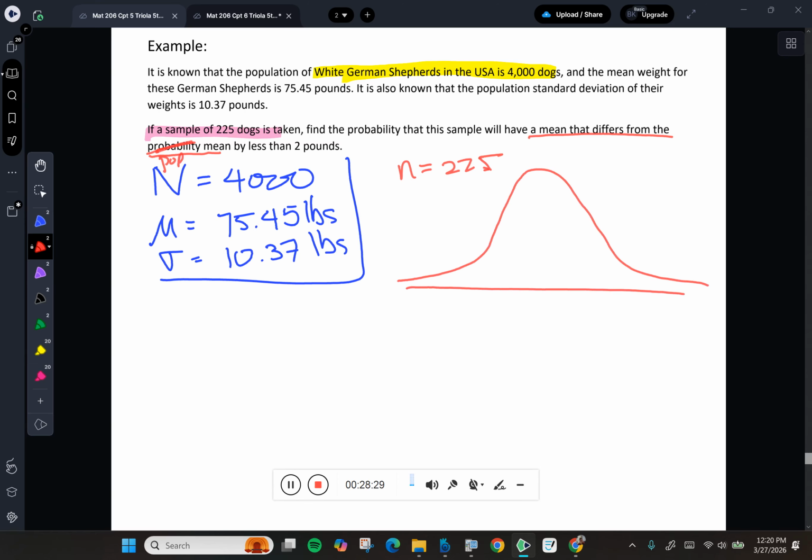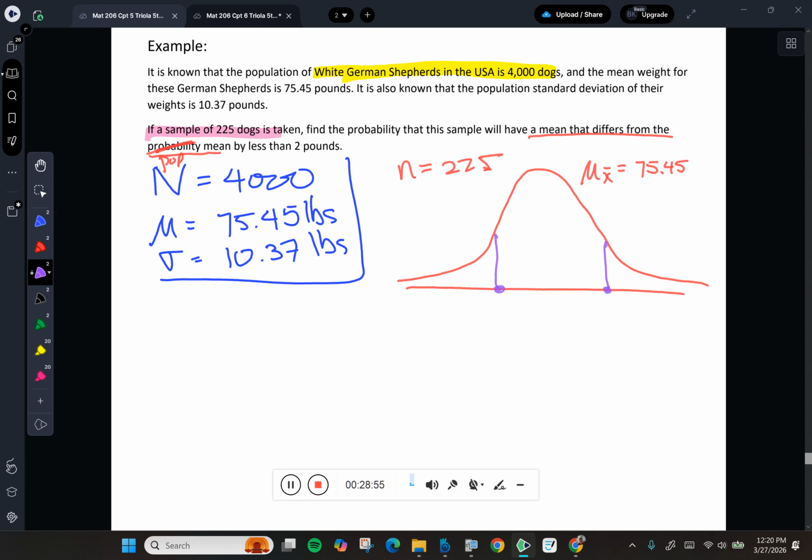So I'm going to create a sampling distribution where the mean of my sampling distribution is going to be that 75.45. And we want to find the probability that it will differ from the population mean by less than 2 pounds. Differ by less than 2 pounds means it could be 2 pounds lighter, or it could be 2 pounds higher, but it can't be more.